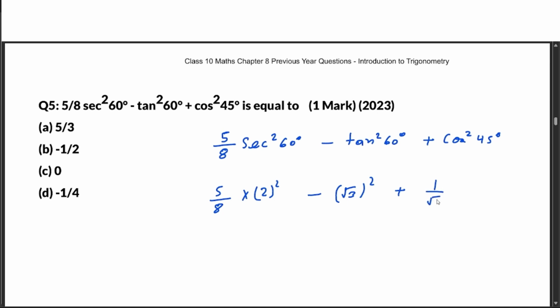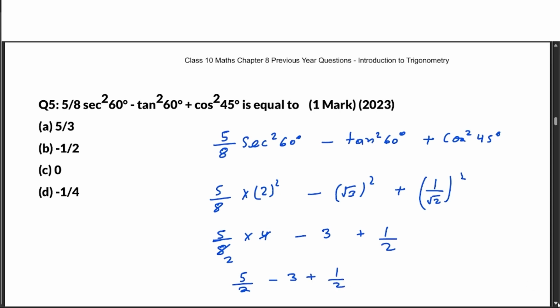So you can say 1 over root 2 whole square. Now you can solve this one. So we can say this is 5 over 8 times 4 minus 3, and after that this is 1 over 2. Okay, so this one get cancelled, that is 2 times. Okay, so here you will get how much? 5 over 2 minus 3 plus 1 over 2.